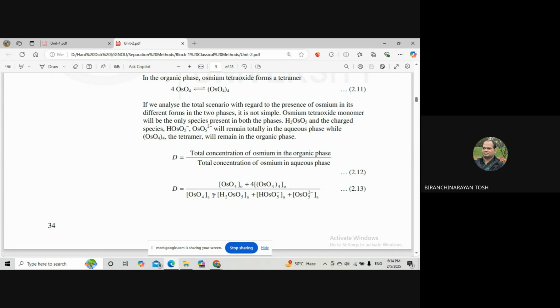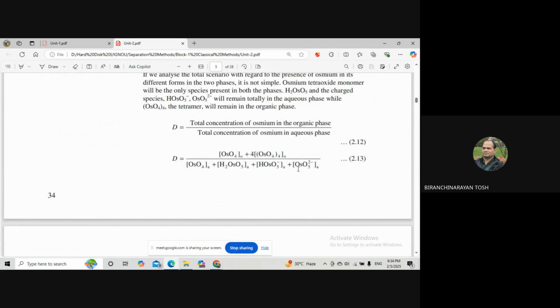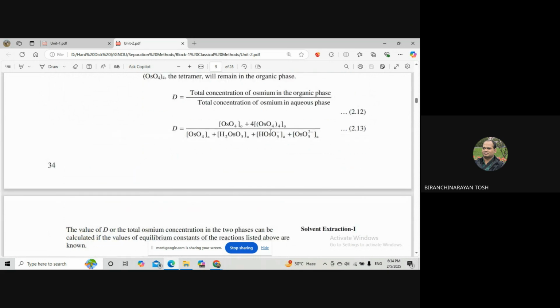divided by the monomer in the aqueous phase, its acid, and its monobasic and dibasic anions. So this will be the total representation of the value.